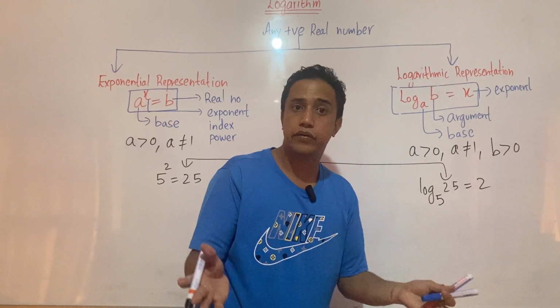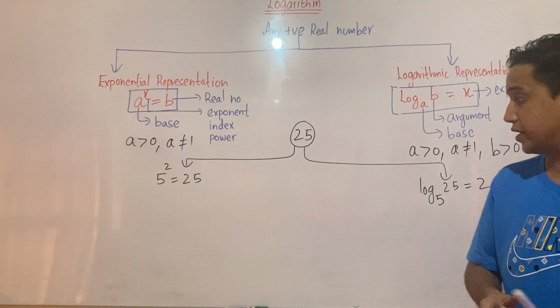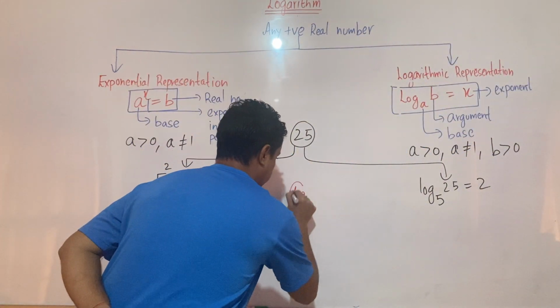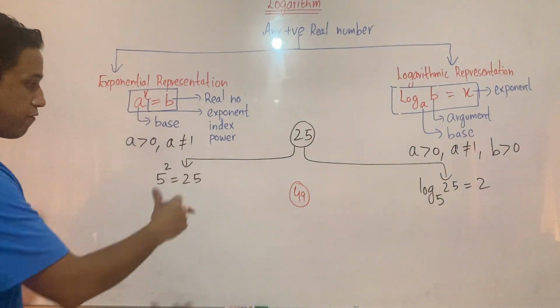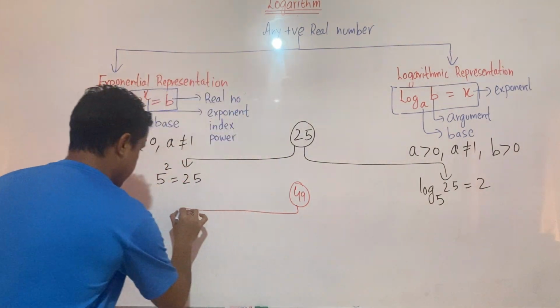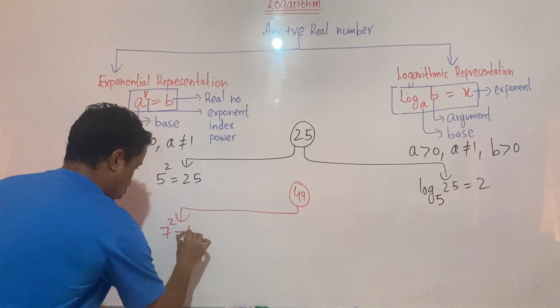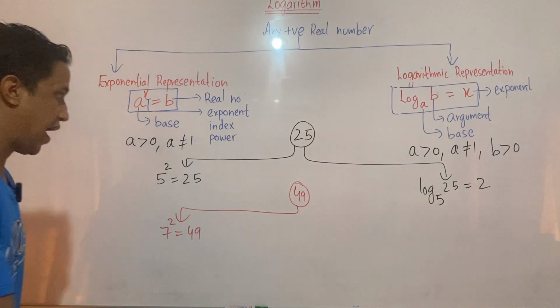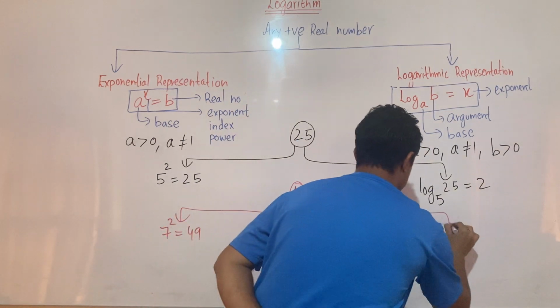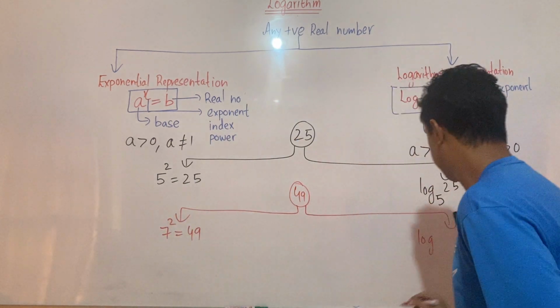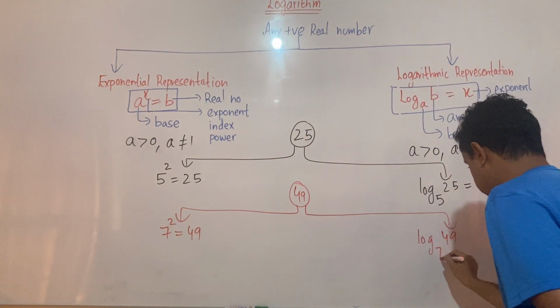I hope you get the point. Let's take one more example, 49. This 49 can be represented as 7 square equals 49, and the logarithmic representation would be log of 49 to the base 7.